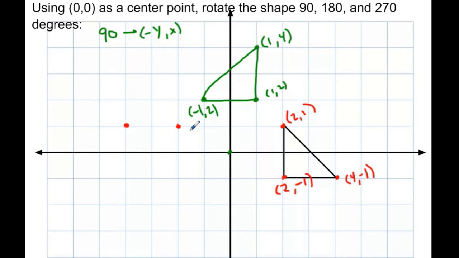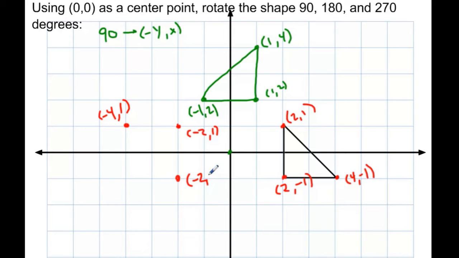Whoops, and I forgot to label. So this is -2, +1. This is -4, +1. All right, labels are important. And then our point up here would become -2, -1.